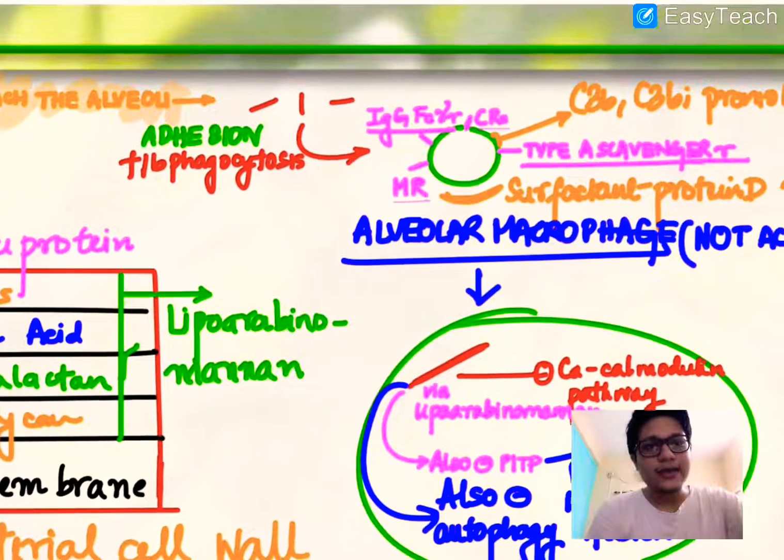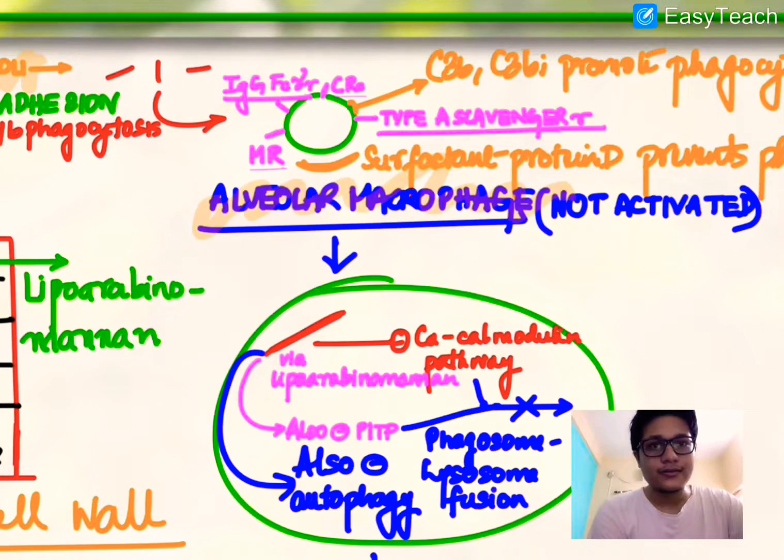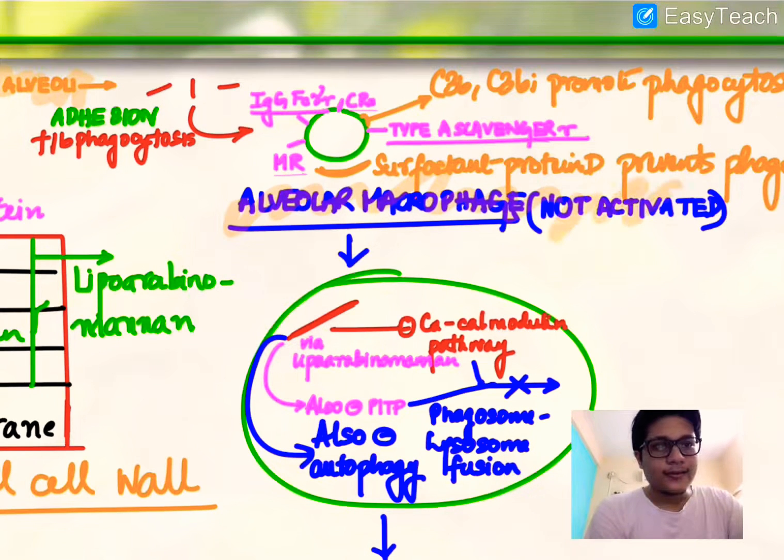Once inside the alveoli, the bacilli will stick to the alveolar macrophages, which have not been activated, via a variety of receptors. One is the type A scavenger receptor, one is the mannose receptor, one is the variety of complement receptors, and another is the IgG Fc gamma receptor.